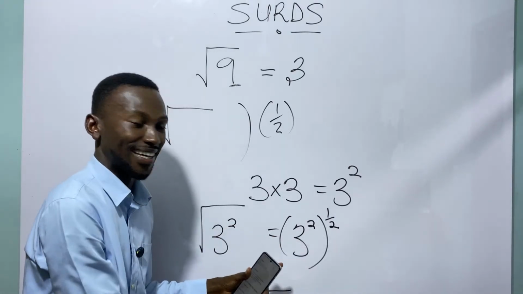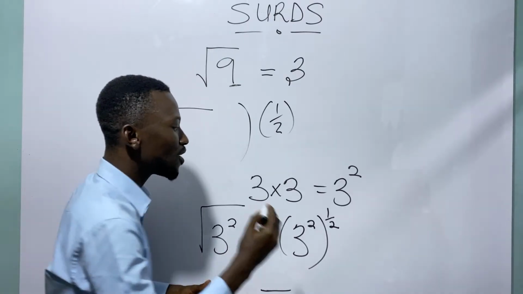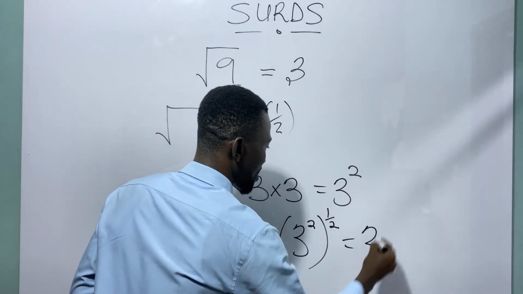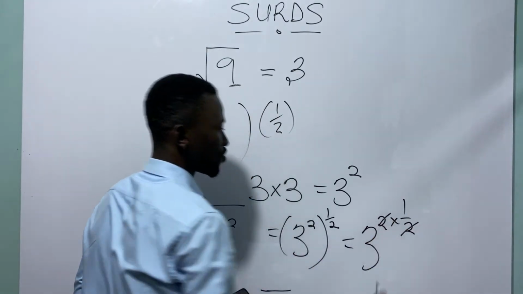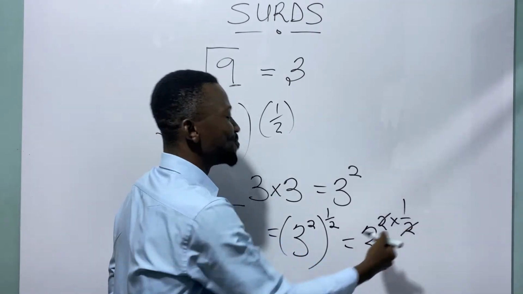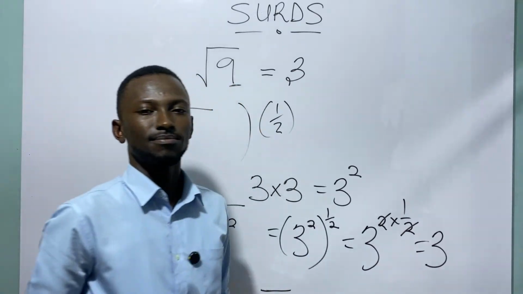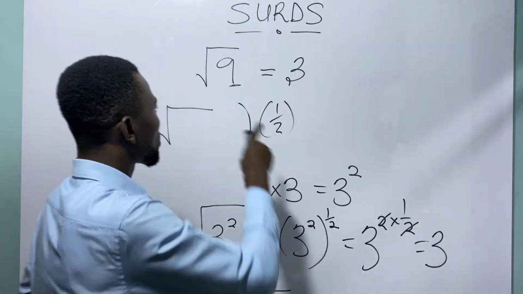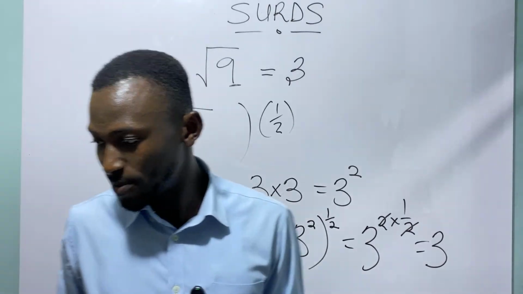Good. If you got that, then that means you have 3 exponent 2 times 1 over 2. And these 2 can cancel each other. The 2 has cancelled the 2. So now I have 3 exponent 1. That's why we got 3. Did you get that? So that is why the square root of 9 is 3. This is easy peasy.